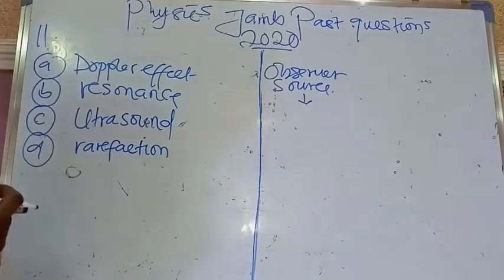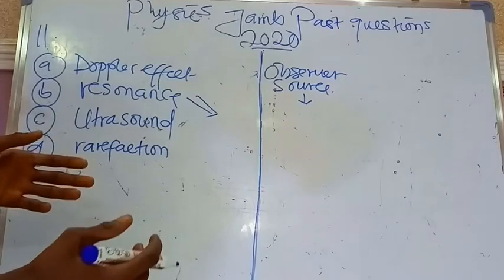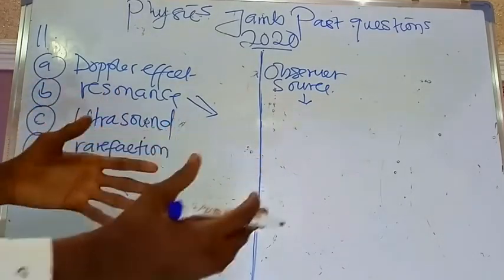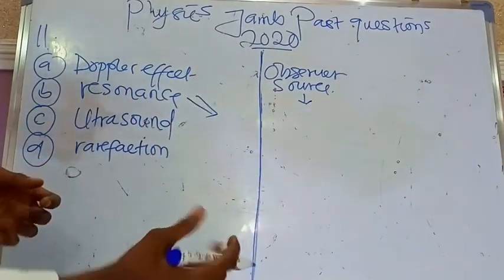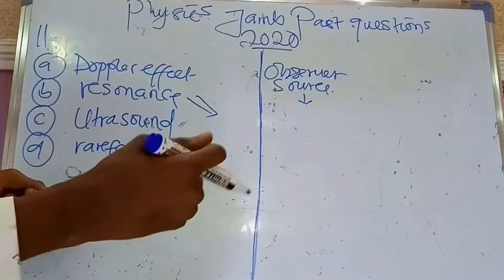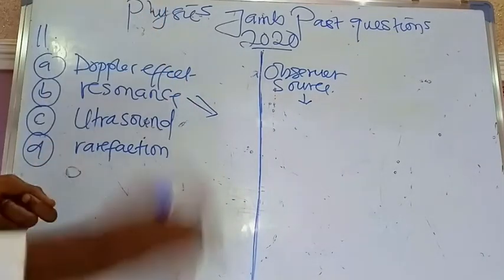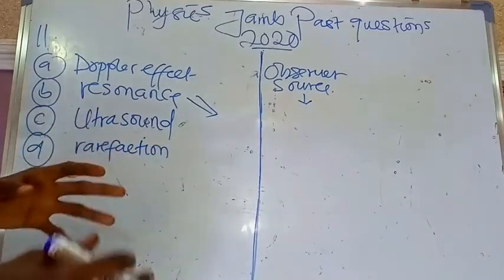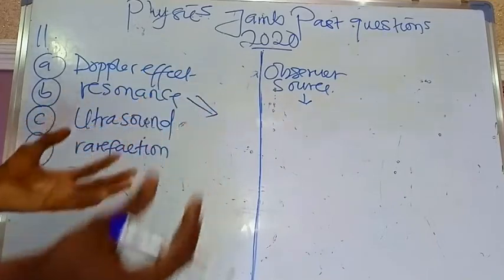While resonance is a phenomenon whereby a vibrating body sets another body vibrating, both having the same natural frequency, like a tuning fork. When you strike the tuning fork, it will vibrate, and if there is water or any surrounding air, it may cause other devices there to also vibrate.